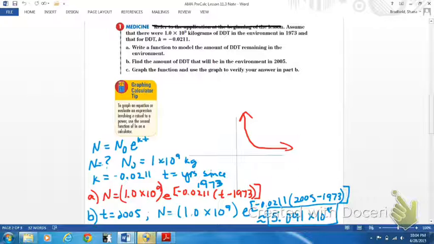So if we want to look at 2005, that might be right here. And then that intersects with 5.091, hopefully, times 10 to the 8th. So, you know, we're talking 500 some million on your y-axis. So to be able to see this on your graphing calculator, you would have to change your x and y.